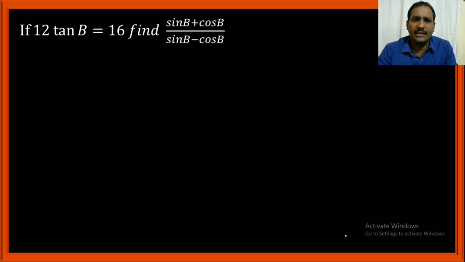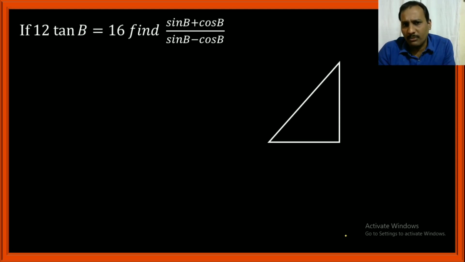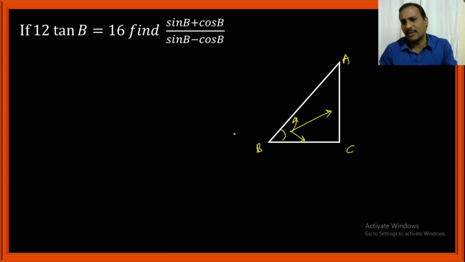If 12 tan b is equal to 16, find sin b plus cos b by sin b minus cos b. You can do this problem using the regular method, assuming a, b, c and finding the opposite side, hypotenuse and adjacent. But I am not doing it that way.